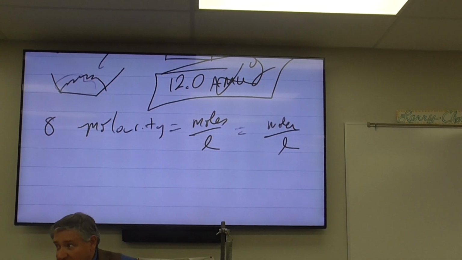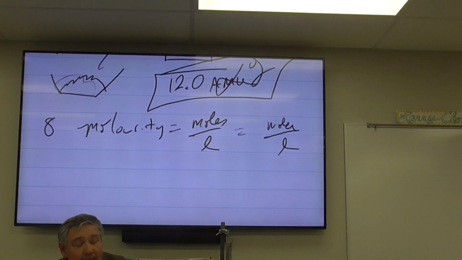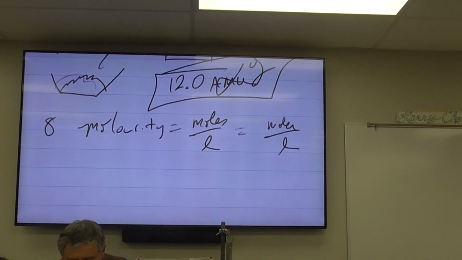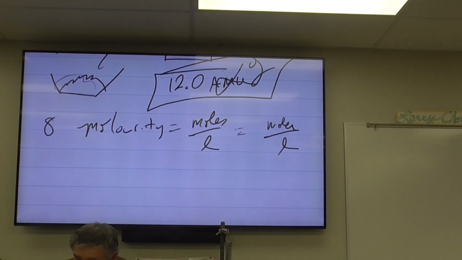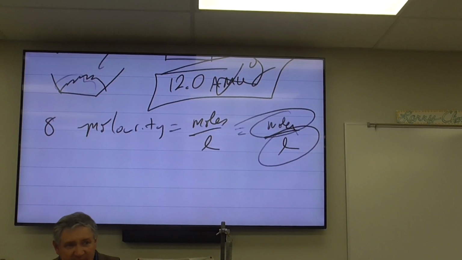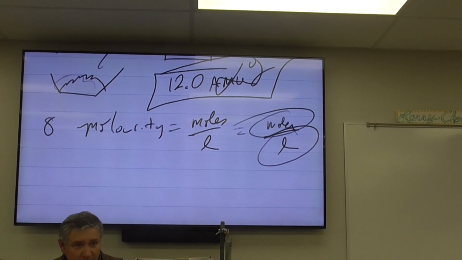If you're a divide-and-conquer kind of person, you can take the 45.87 grams, convert that into moles, and then divide that by 0.250 liters. There's your molarity.